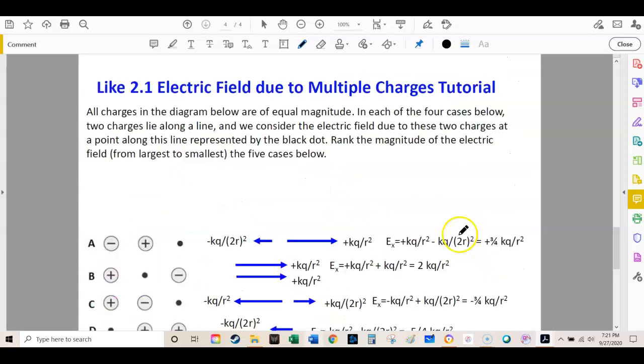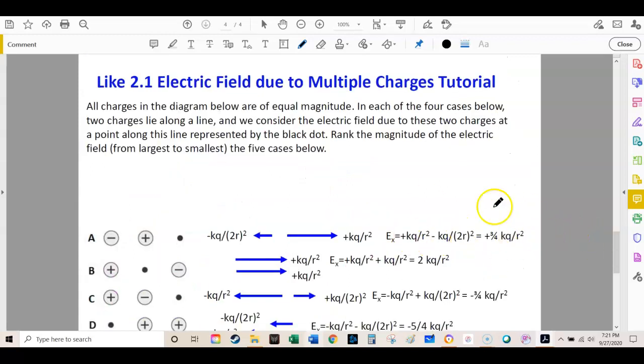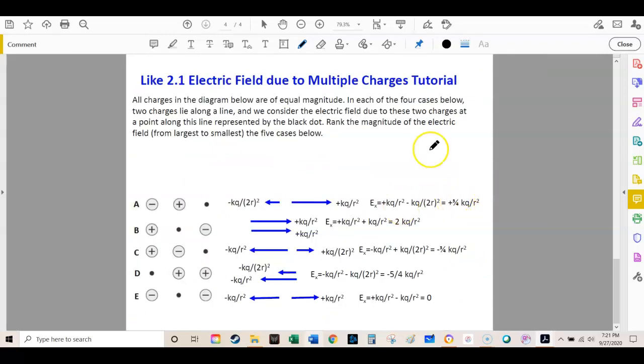I've drawn out the answers more legibly here on the next page, so we can confirm what we're doing. Okay, and so as you can see, the net electric field on this part is going to be to the right. This one's going to have a doubly large net electric field to the right. This is going to have a 3/4 net electric field to the left.